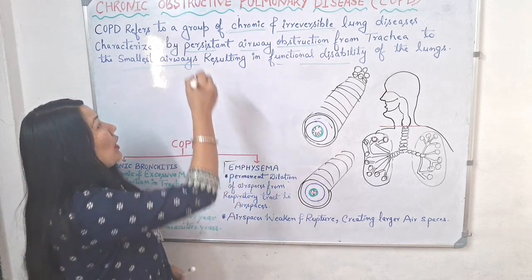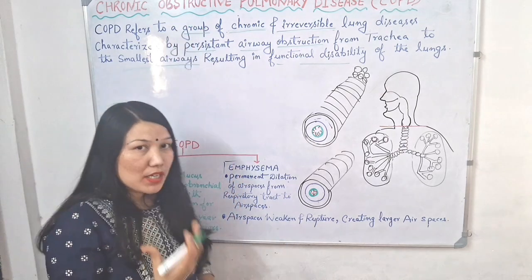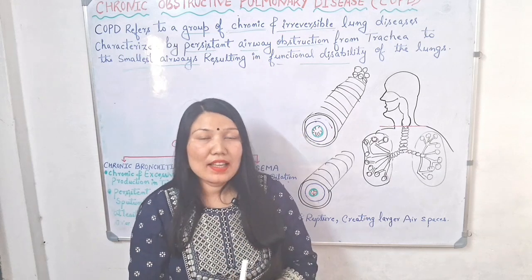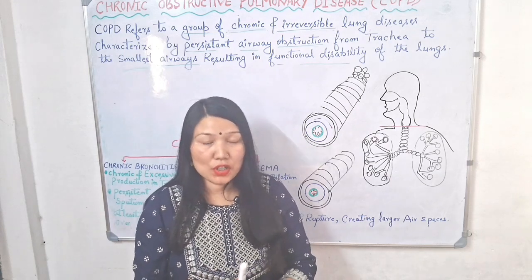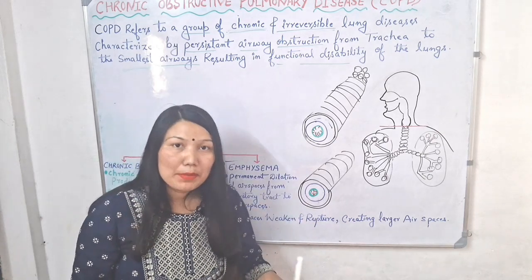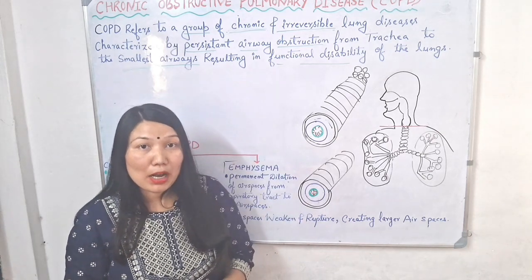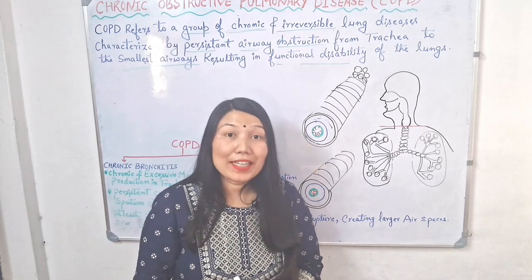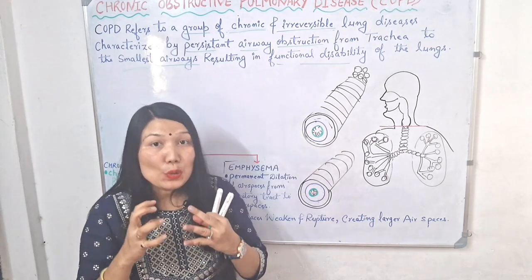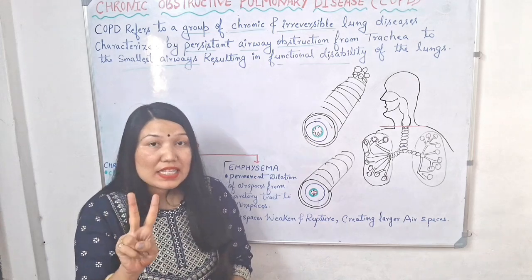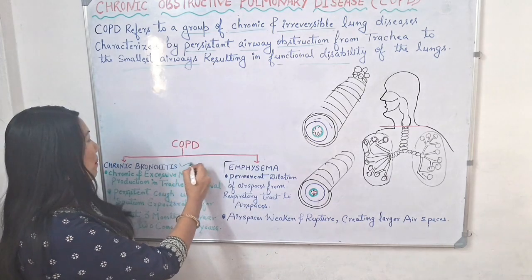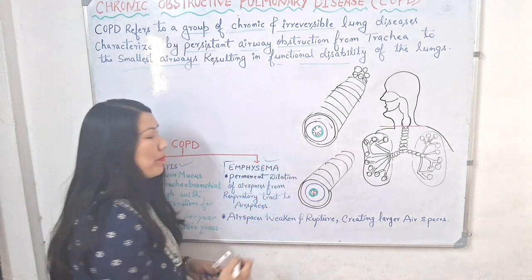As we know, there are some disease conditions which come under the category of COPD. In previous studies, there were 3 or 4 disease conditions in the category of COPD, like asthma, chronic bronchitis, bronchiectasis and emphysema. But nowadays, according to new research, only 2 disease conditions are categorized under COPD, that is chronic bronchitis and emphysema.